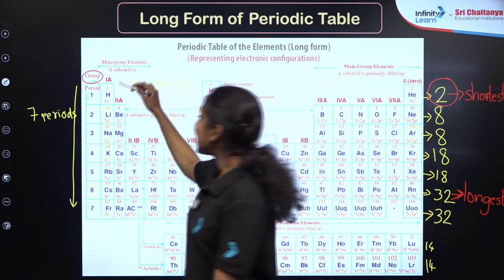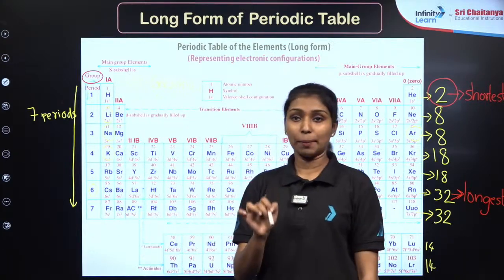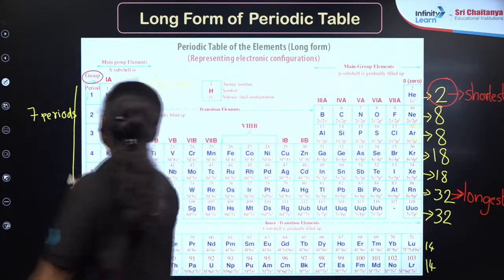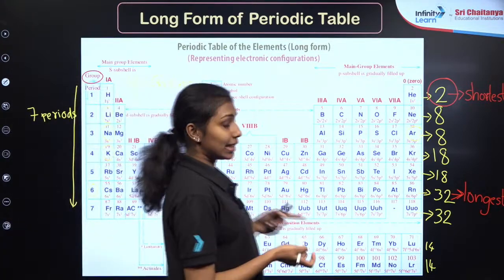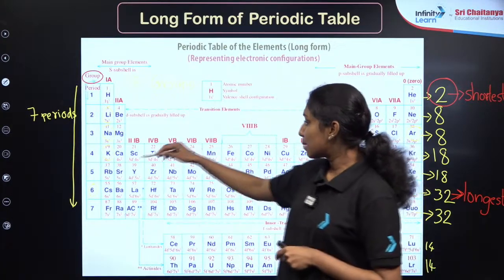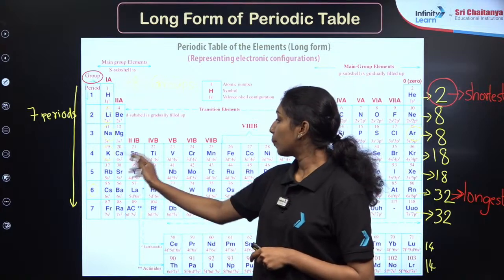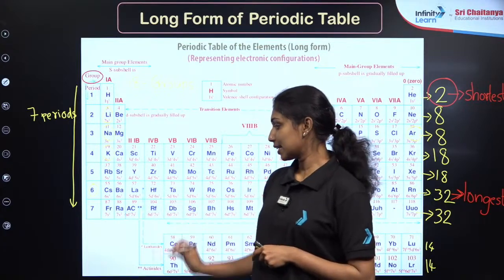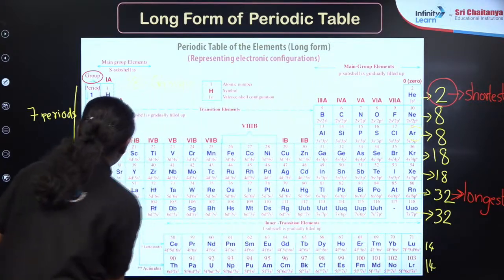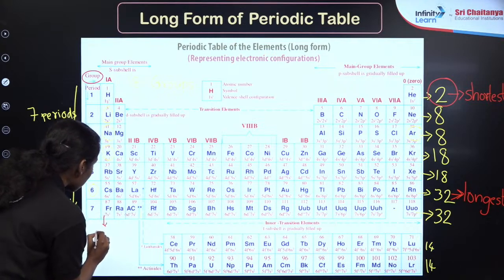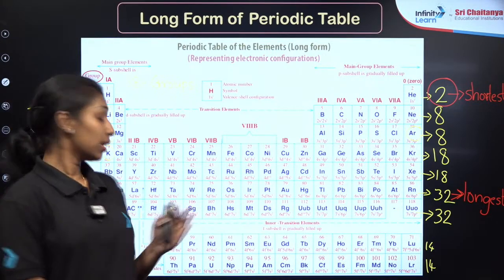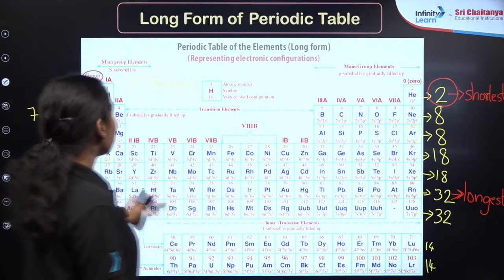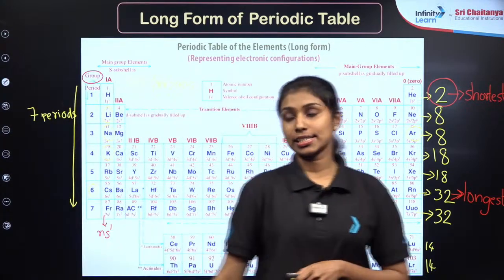While checking the electronic configuration of these elements, you can see that the general electronic configuration is ns1. For example, for lithium it is 2s1, for sodium it is 3s1, for potassium it is 4s1 and so on. Which means ns1 is the general electronic configuration of first group elements.